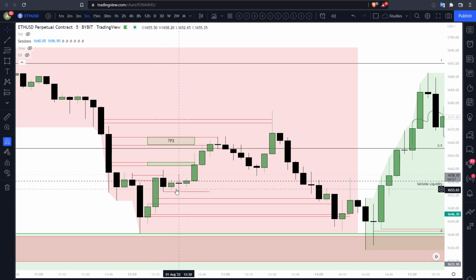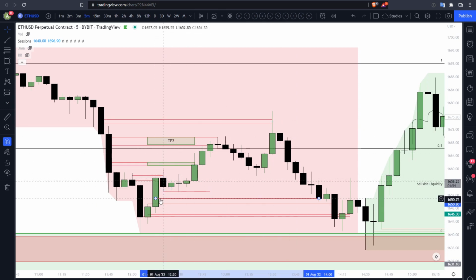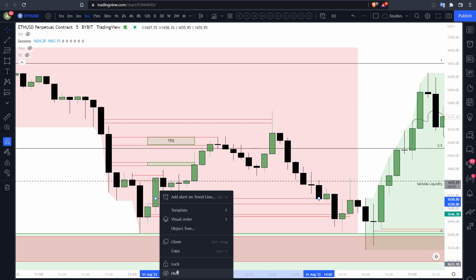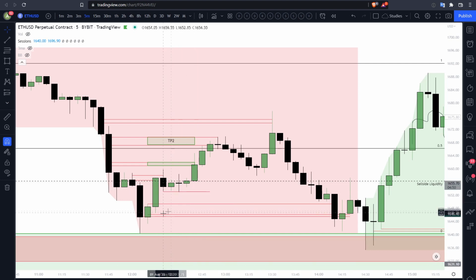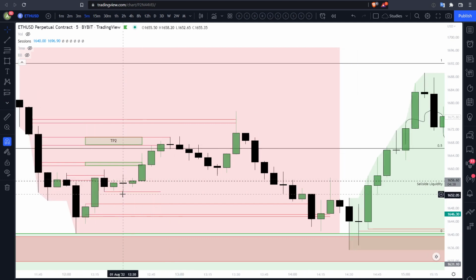For example, here we could say that removing this line, this is the gap that formed on the 5-minute chart between this candle and this candle, and then on this candle, well, there was a slight breach. The low of this candle was lower than this candle. This one was 1652.85 and this one was 1652.65.